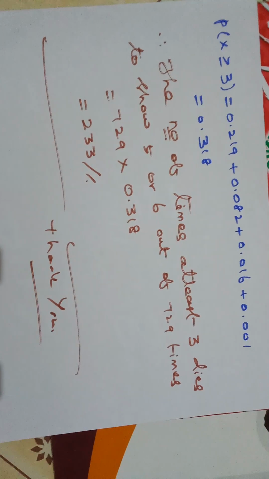So multiply with 729, it will be 233. Okay, what do you mean by 233? At least 3 dice to show 5 or 6 out of 729 times, it can be shown 233 times. Okay, thank you, my dear friends.